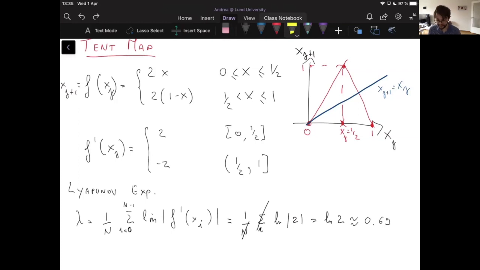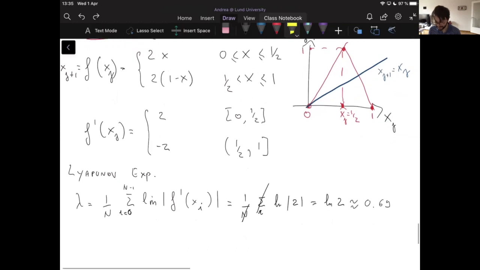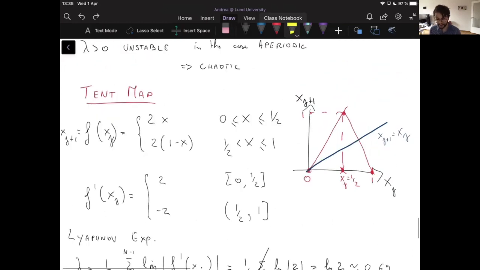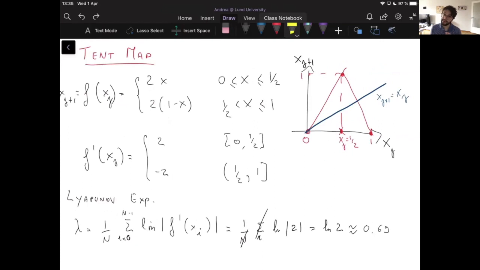I can understand the confusion because it's really hard to have a specific grasp on what type of system is chaotic. For maps, we have a very simple definition of chaos for these one-dimensional maps. That is, if the map is aperiodic and has a positive Lyapunov exponent, then it's chaotic.